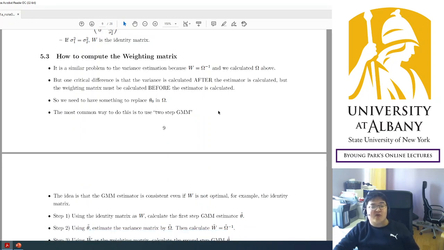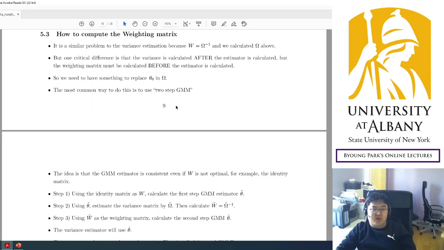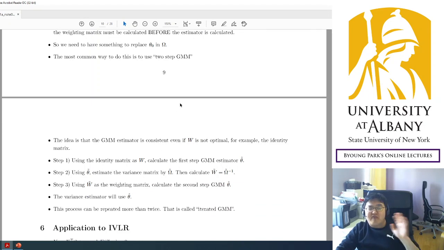Of course, there is a solution. The solution is that we need some theta hat before using the optimal weighting matrix. So the idea is like this. Before the optimal weighting matrix is calculated, we are going to estimate theta twice. First, just use whatever matrix you want, say the identity matrix. Of course, it has to be strictly positive definite and symmetric.